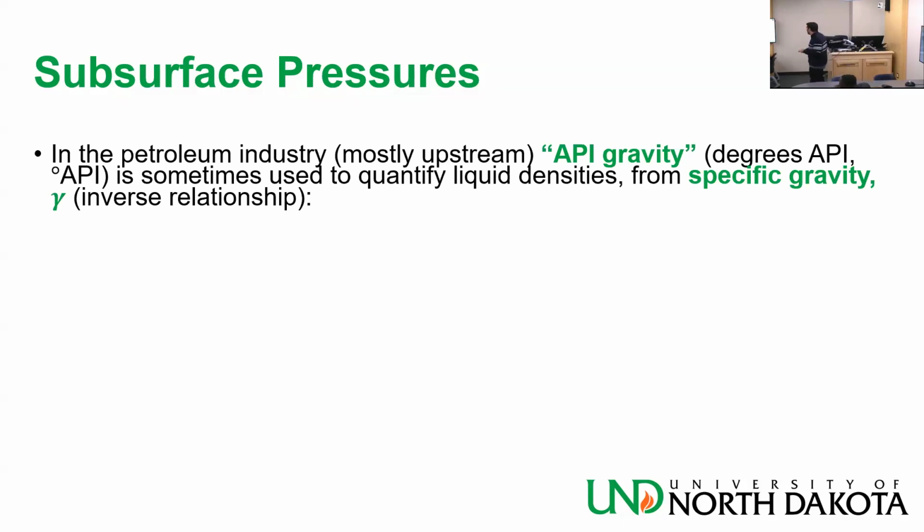That is used to quantify liquid densities. And this is very different from specific gravity, which is used widely in engineering. API gravity is for petroleum engineering. You know what API stands for? Okay. So API gravity is not the same as specific gravity, but it is related.